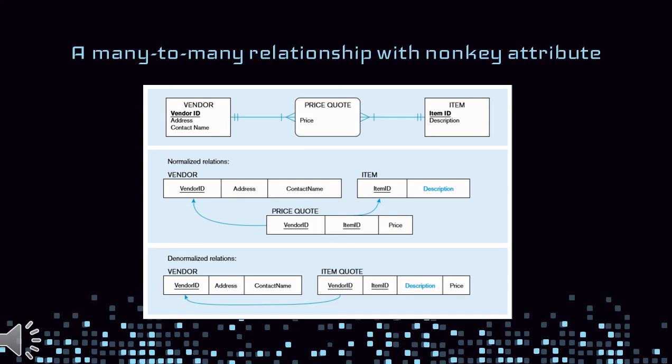This would necessitate excessive updating if duplicated data changed. Careful analysis of a composite usage map to study access frequencies and the number of occurrences of price quotes per associated vendor or item would be essential to understand the consequences of such denormalization.